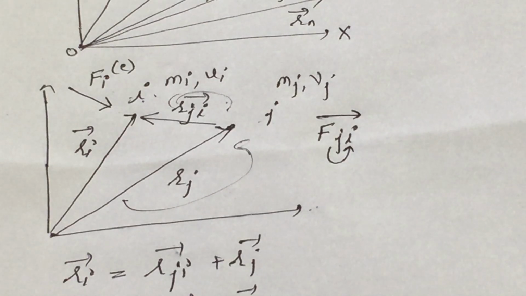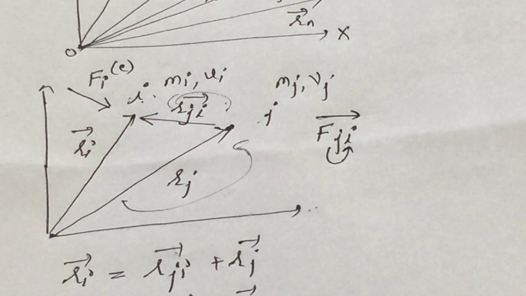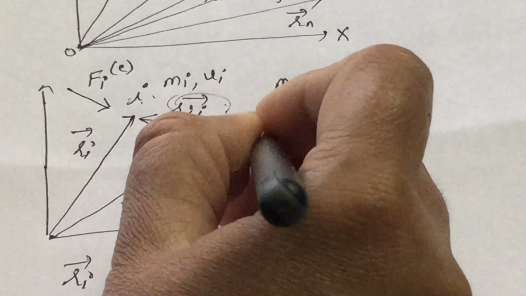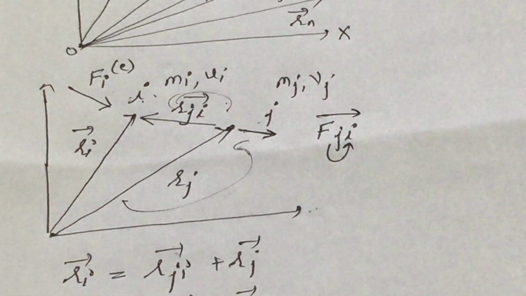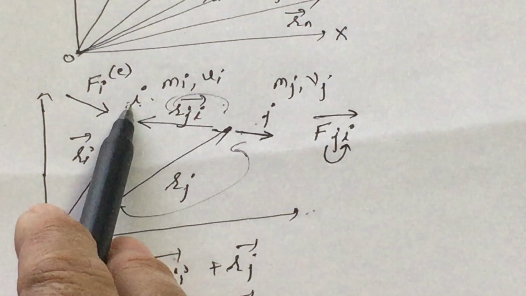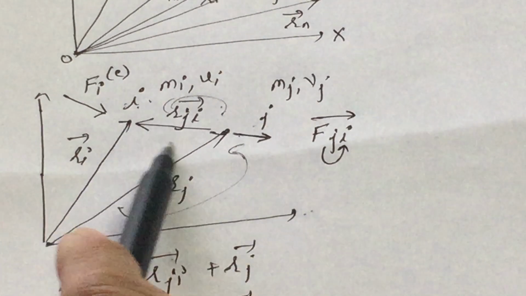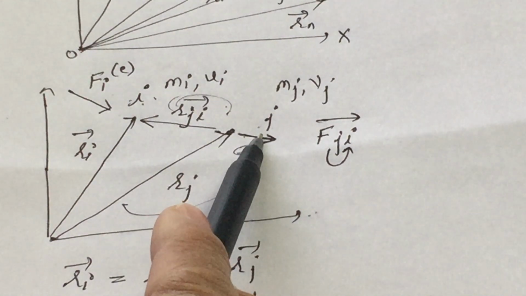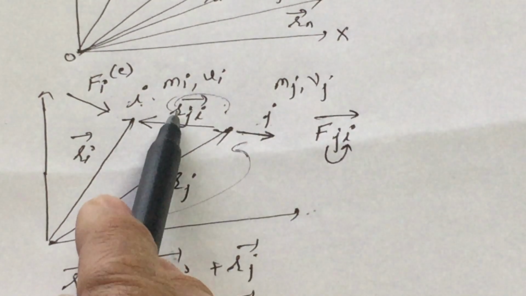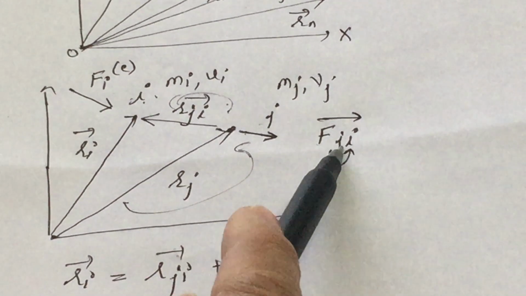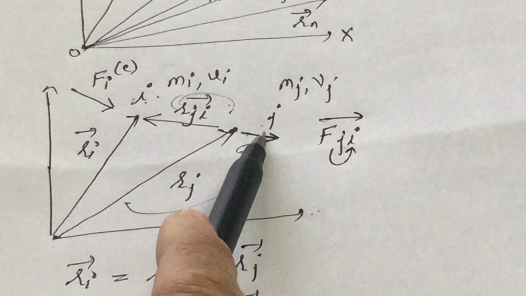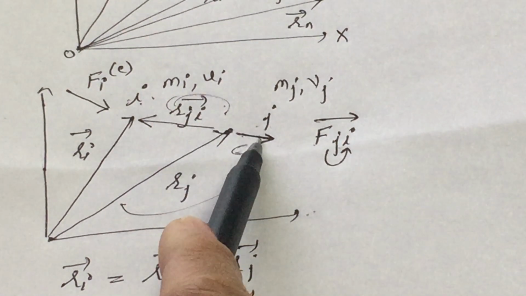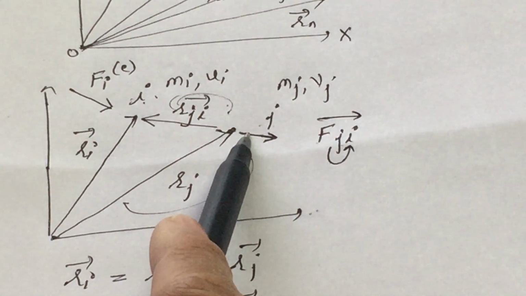What is the direction of Fji? Because the jth particle is applying the force on the ith particle, it is attracting the ith particle towards itself, so the direction is towards the jth particle. What is the relation between Rji and Rij? They are opposite in direction. So the direction of Fji can be represented as Rij.